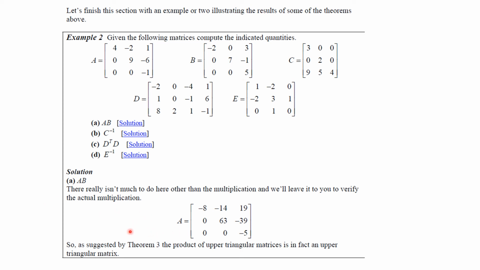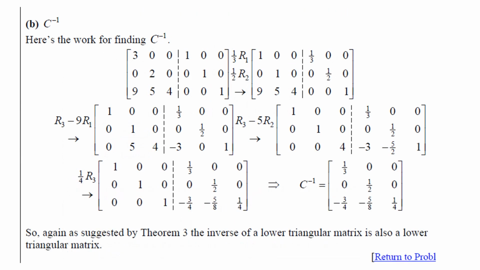We're multiplying two upper triangular matrices. So let's just do it, and you should follow this calculation. So what we see is that the product of two upper triangular matrices was upper triangular.